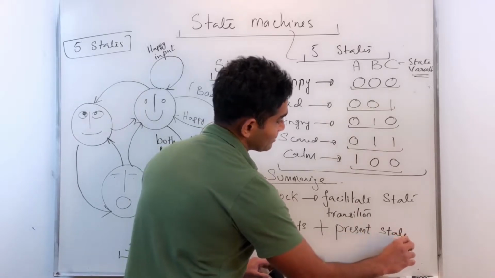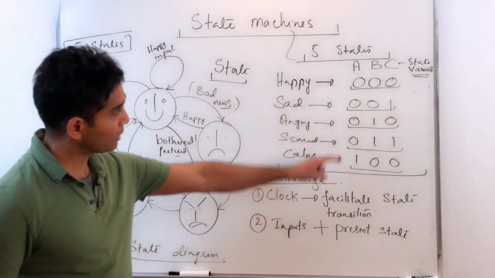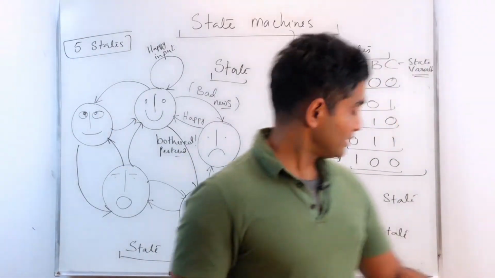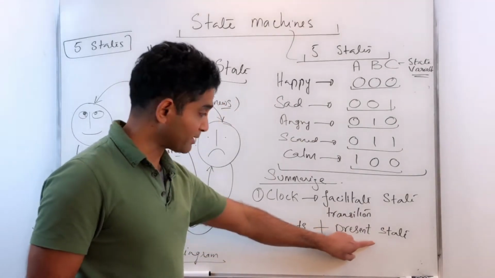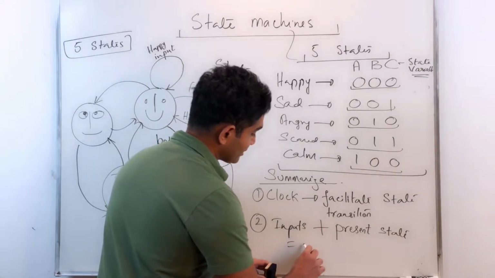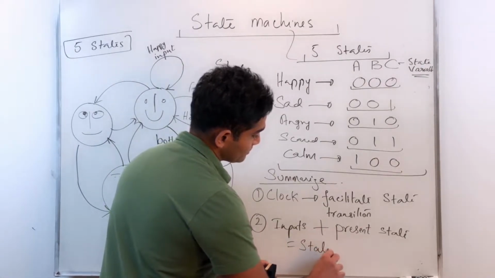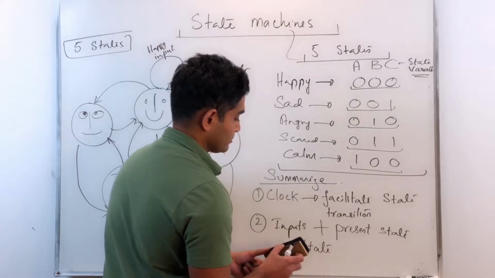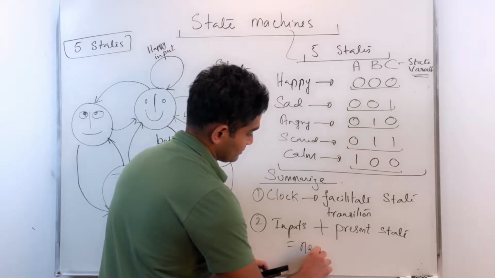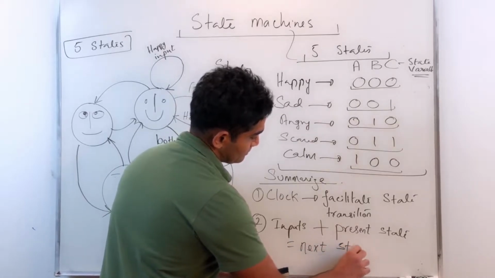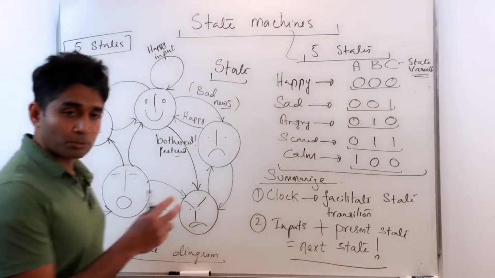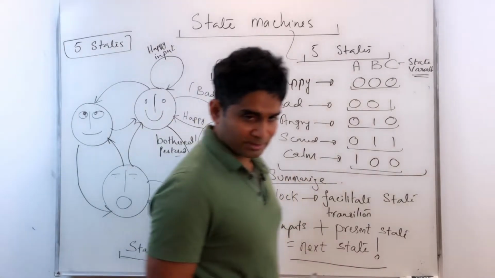Now, what do I mean by present state? Every state now is encoded as a unique binary code, right? So the inputs combined with the present state would determine the state transitions or the next state, right?